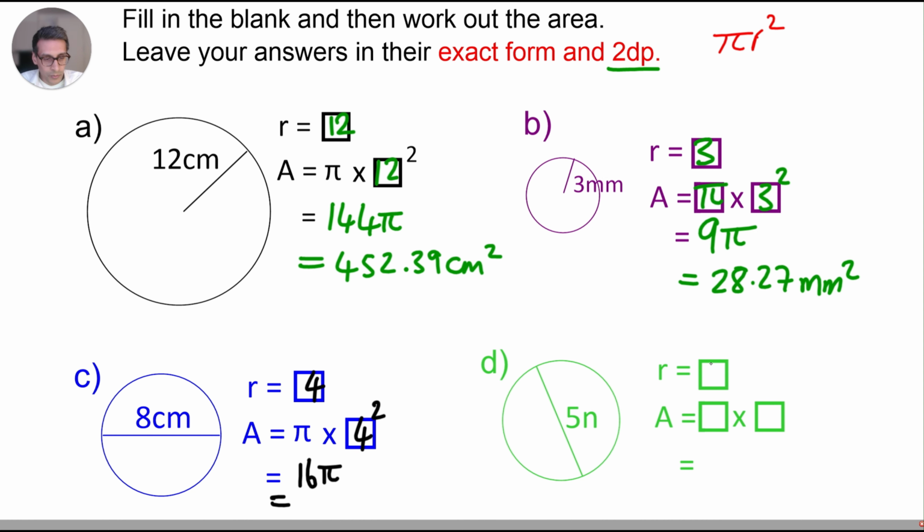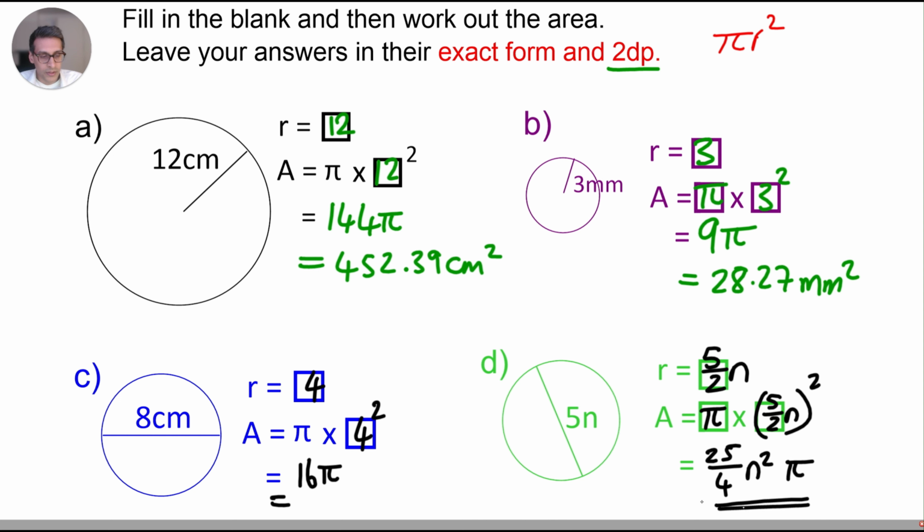Now for this one here, the radius is half of 5, so it's 5 over 2n. So this will be pi times 5 over 2n all squared. So 5 over 2n times 5 over 2n is going to equal 25 over 4n squared, and then the pi just goes on the end there.